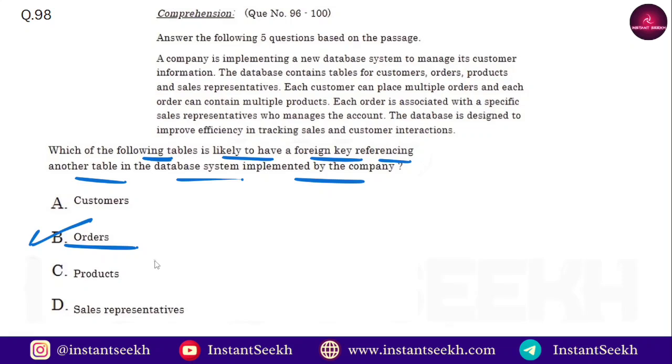The product table contains information about products, while it can be referenced by other tables like orders. And the sales representative table holds the data about sales representatives. So your order table will have a foreign key referencing another table while designing this particular company database. So your answer B is your right answer. Let's move on to the next.